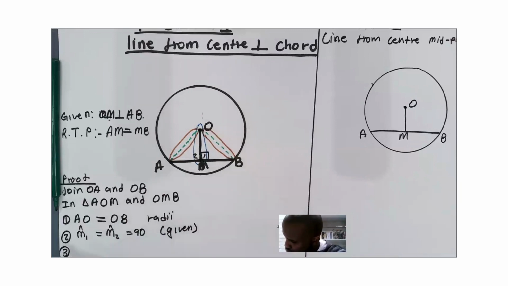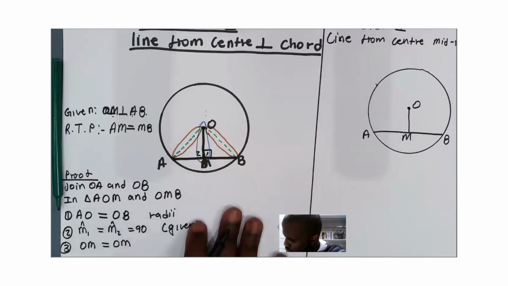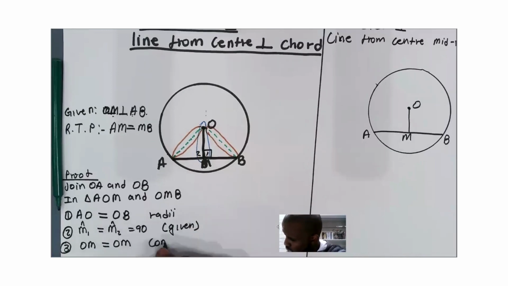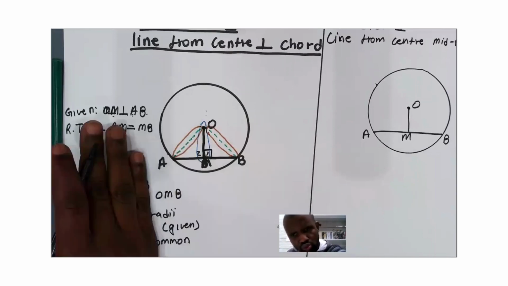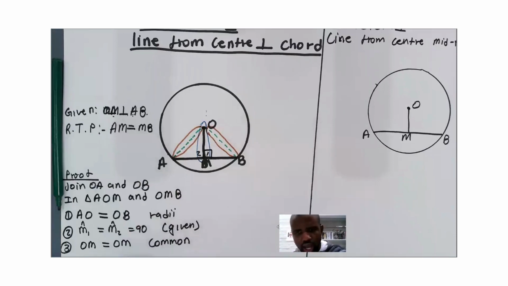So OM is equal to OM. Why? Because ukhona to this side of the triangle, and also ukhona to another side of the triangle. So these triangles have a common side.